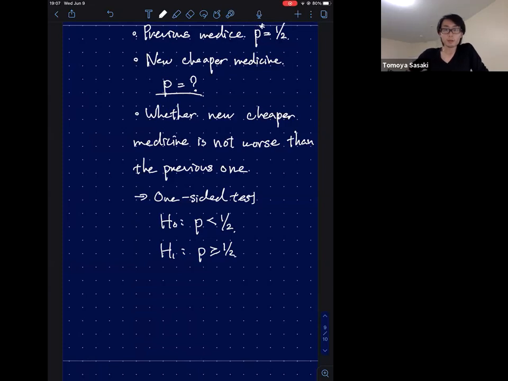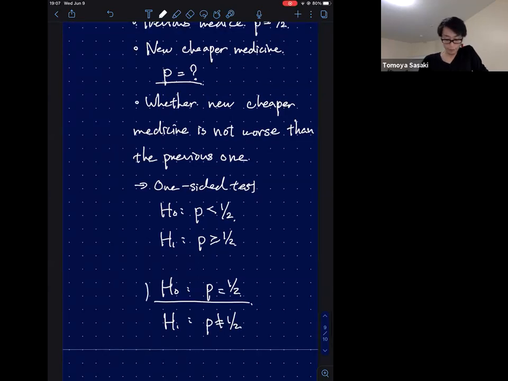You really want to do the two-sided test, which has H naught: P is not equal to 1. So this is the actual test you want to do.